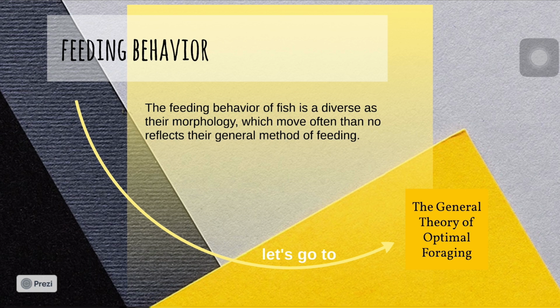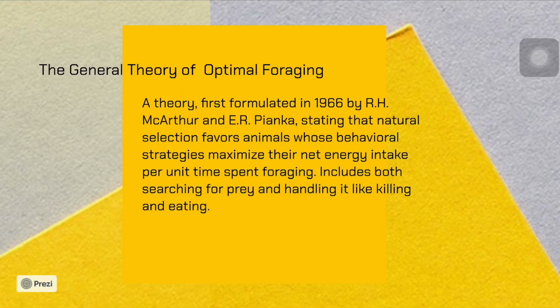The general theory of optimal foraging, a theory first formulated in 1966 by R.H. MacArthur and E.R. Pianka, states that natural selection favors animals whose behavioral strategies maximize their net energy intake per unit time spent foraging, which includes both searching for prey and handling it, like killing and eating. So that's the theory of optimal foraging according to R.H. MacArthur and E.R. Pianka.